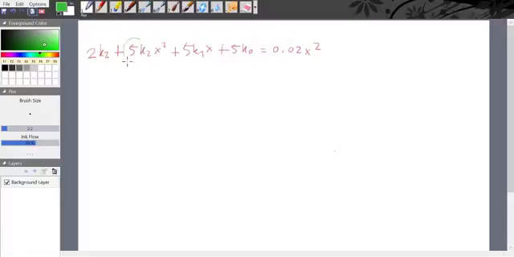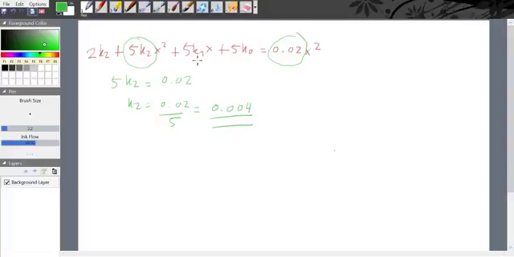So we need to match this part and this part. So 5k2 is equal to 0.02, so k2 is equal to 0.02 divided by 5, which is equal to 0.004. So we have our k2.